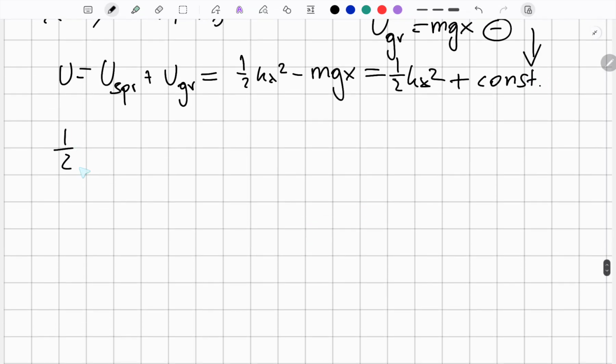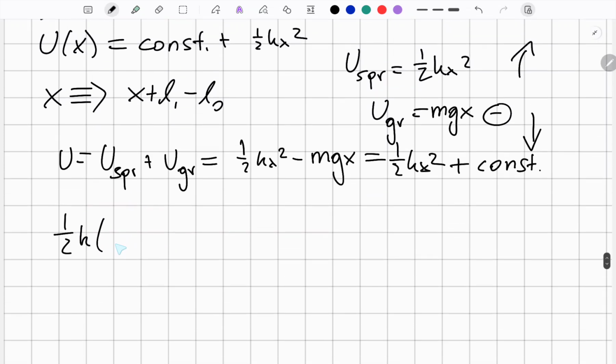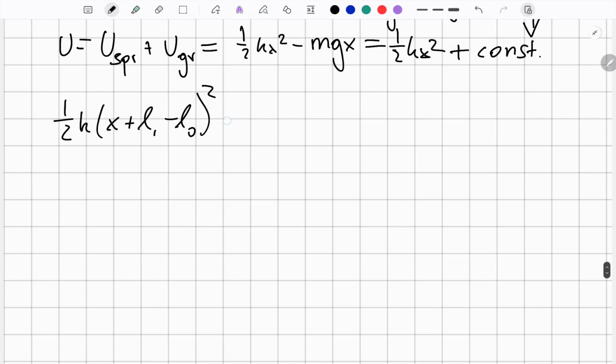So we can go ahead and plug this in. 1/2 k, x plus L1 minus L0 squared, minus mgx equals 1/2 kx squared plus a constant.